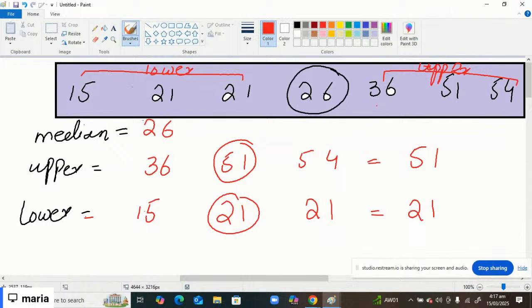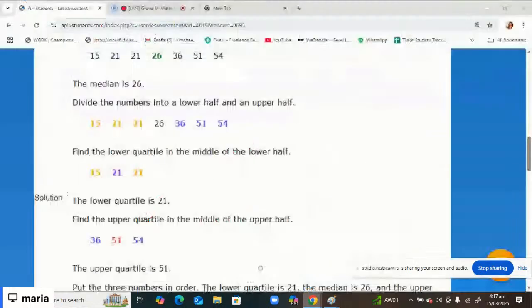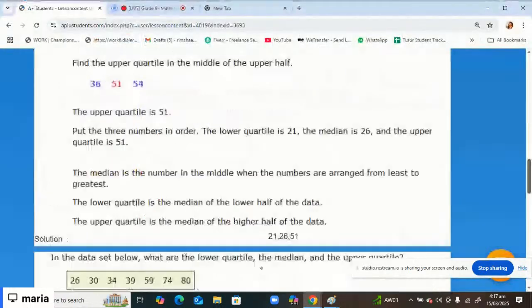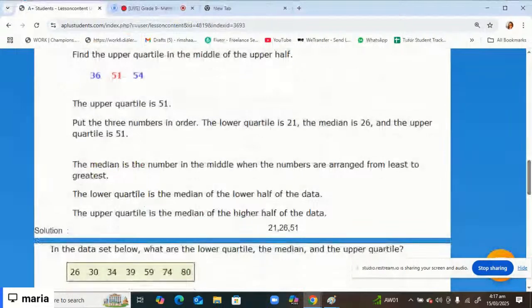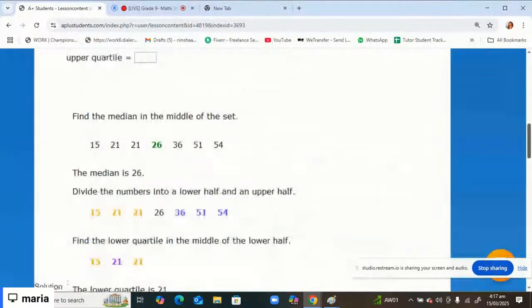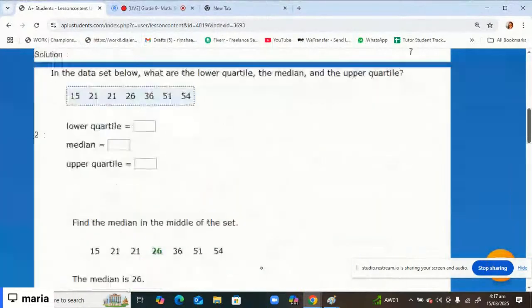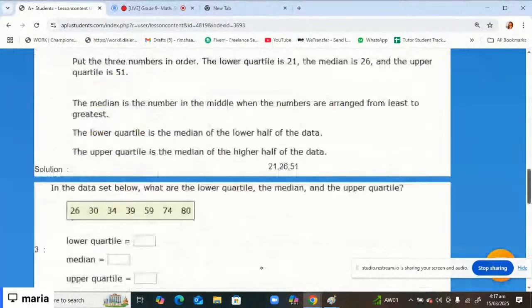This is basically your lower and upper quartiles. They are saying to write the lower quartile, then the median, and then the upper quartile, in order.